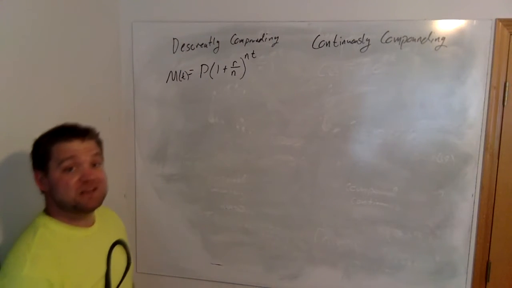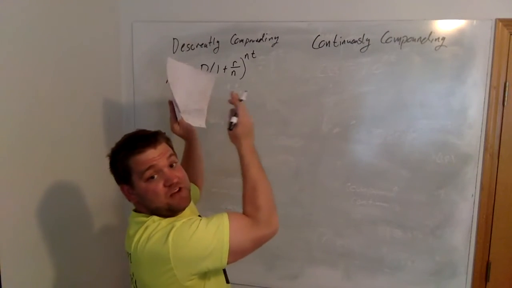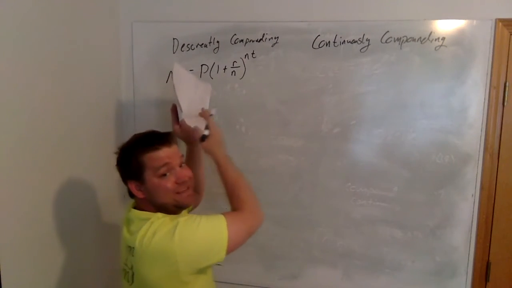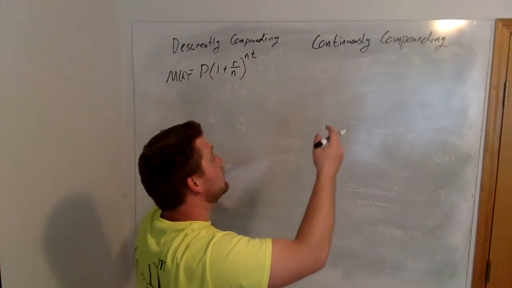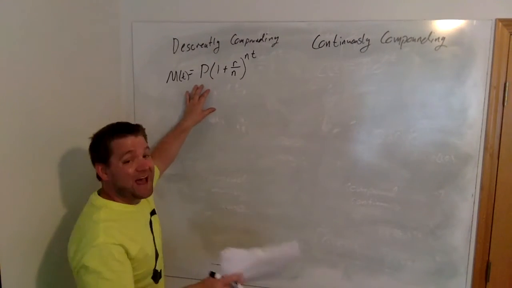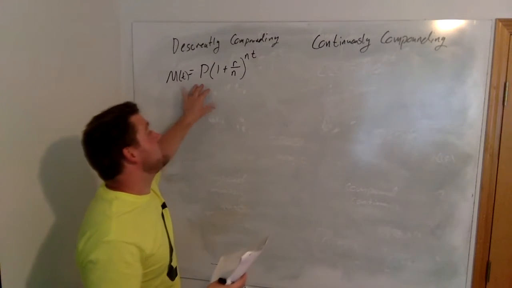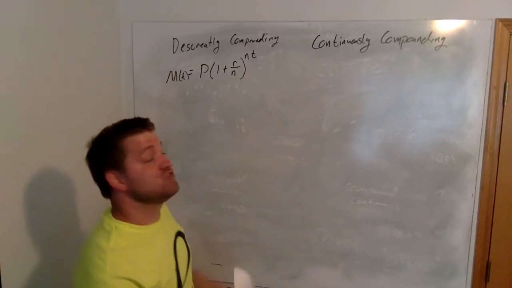If we're compounding continuously, we took our year and cut it up into an infinite number of pieces, so we would be continuously getting interest throughout the year. How we got that formula is we took this formula and asked what would happen as n got really, really large, as the number of compounding periods approaches infinity.